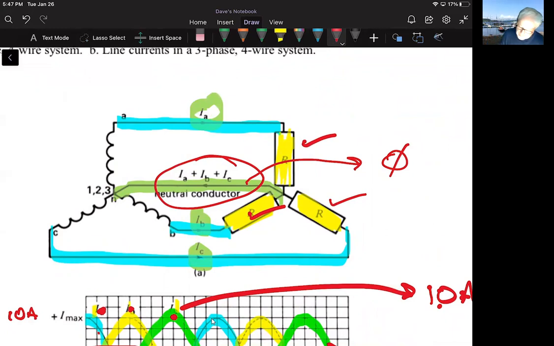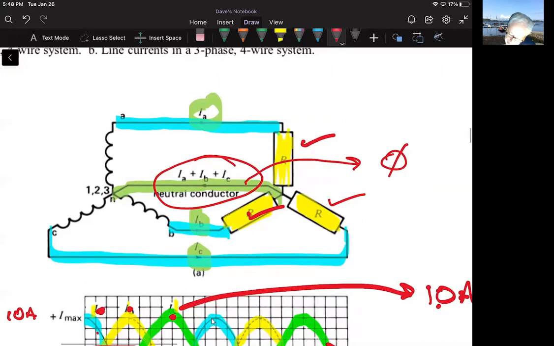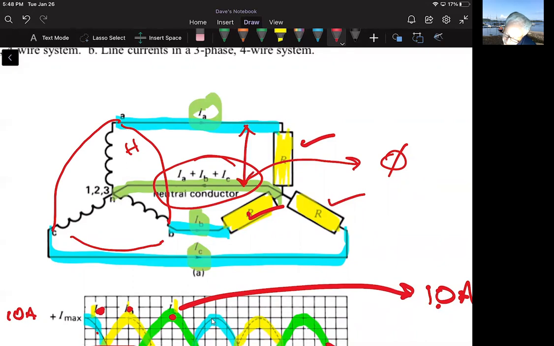And this 3-phase 4-wire is used a lot in commercial industrial applications, because we'll get a higher voltage from, say, phase A to phase C, or phase C to phase B, or phase A to phase B. But sometimes what we want is a voltage from phase to neutral, which would be a lower voltage.